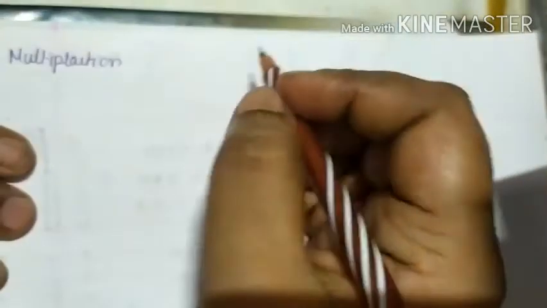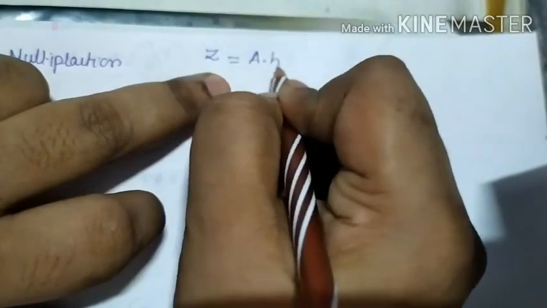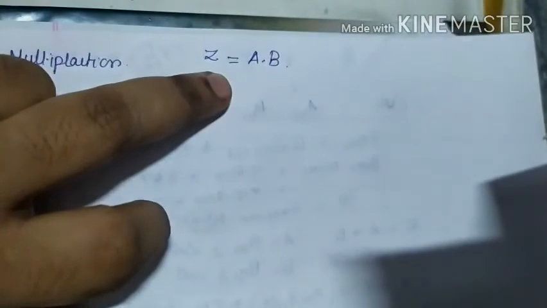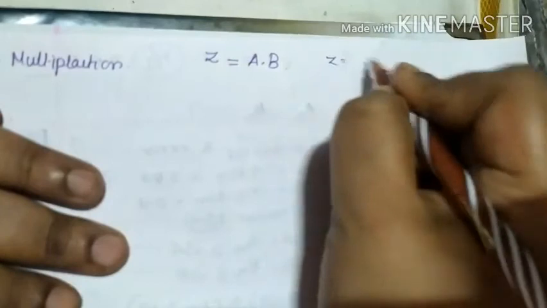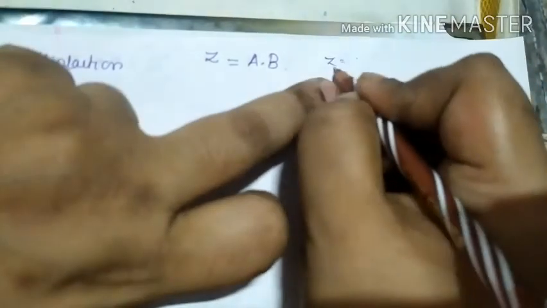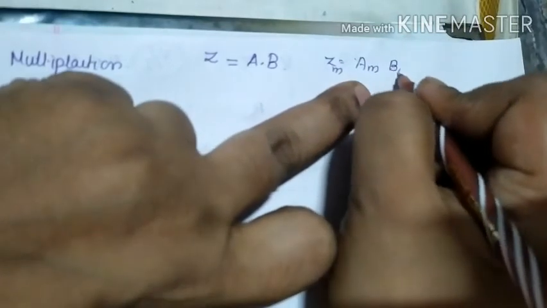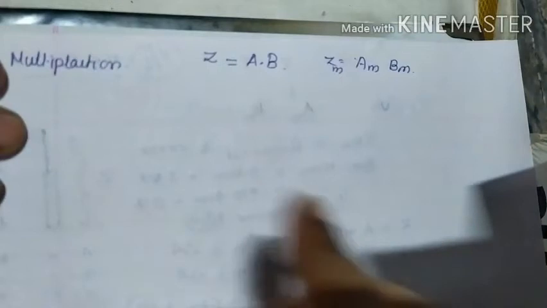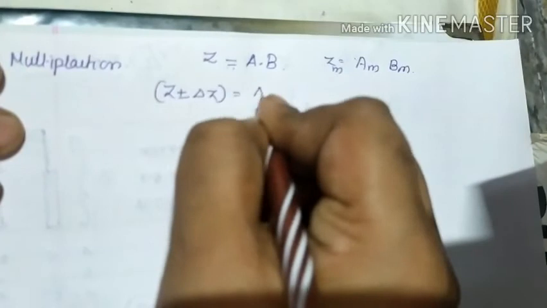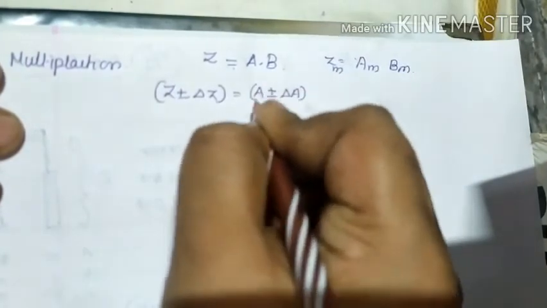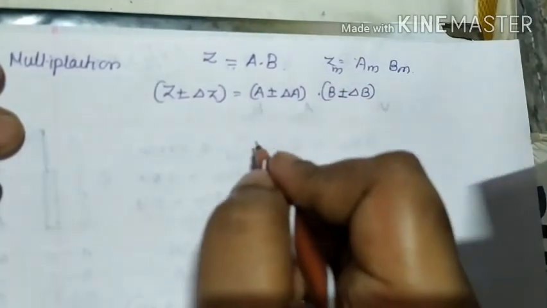Just like the previous cases, guys, I want to find the value of Z, and it is a product of two terms, that is A and B. Z is equal to A dot B, or A into B. So just like the previous case, the measured value Z is the product of the measured value of A and the measured value of B. So here I can write Z plus or minus delta Z as A plus or minus delta A into B plus or minus delta B. This much clear?